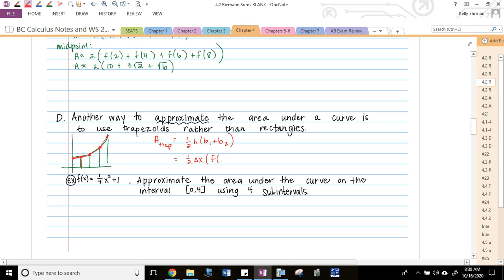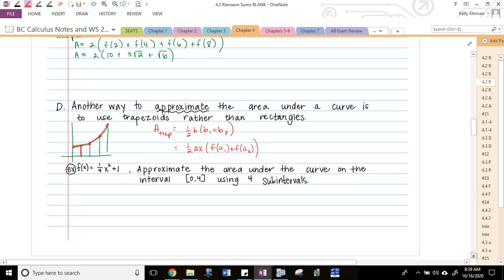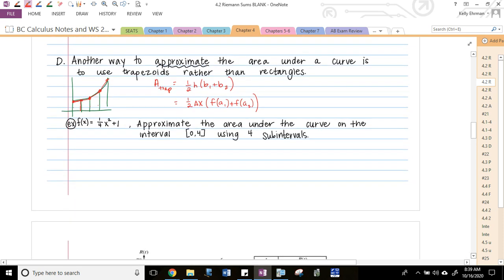So I'm just going to write f of a1 plus f of a2, because those would vary between each one. But it would be like 1/2 times 1 times f of 0 plus f of 1 plus 1/2 times 1 times f of 1 plus f of 2, et cetera, et cetera. So let's use that 1/4 x squared plus 1 graph again.